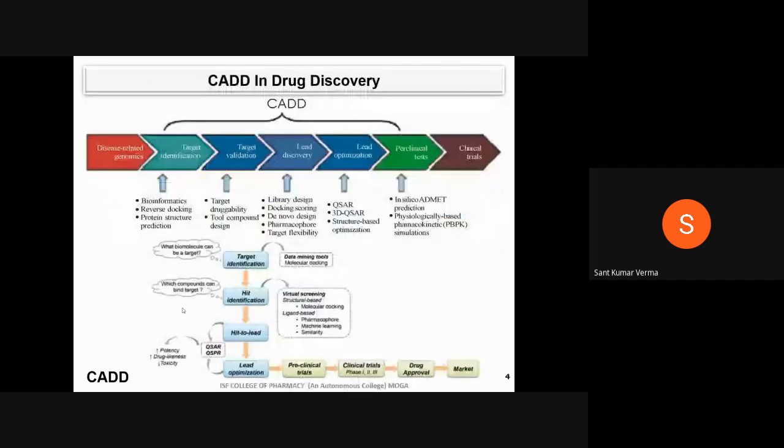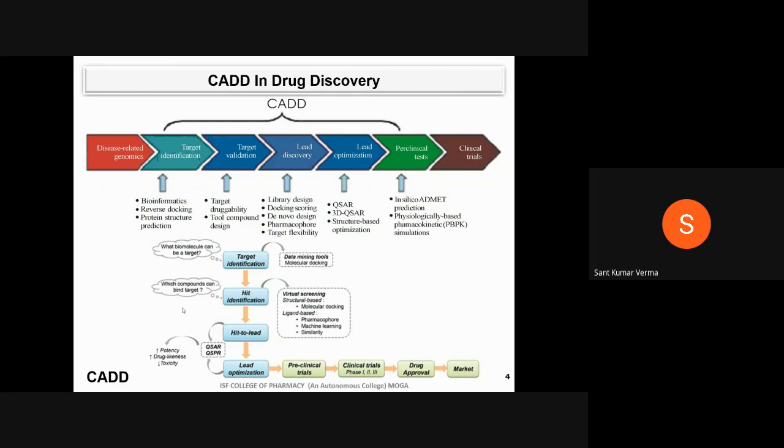We can see that CADD is implicated in different steps of the drug discovery process. First is target identification, where we can use bioinformatic tools.